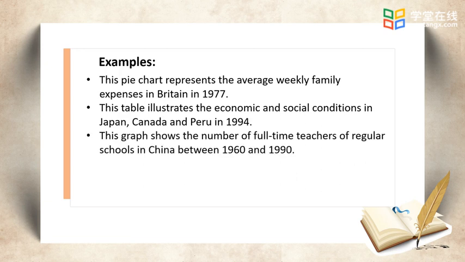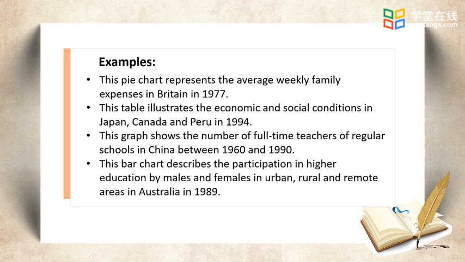This graph shows the number of full-time teachers of regular schools in China between 1960 and 1990. This bar chart describes the participation in higher education by males and females in urban, rural, and remote areas in Australia in 1989.